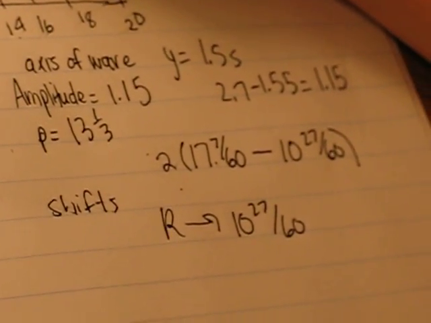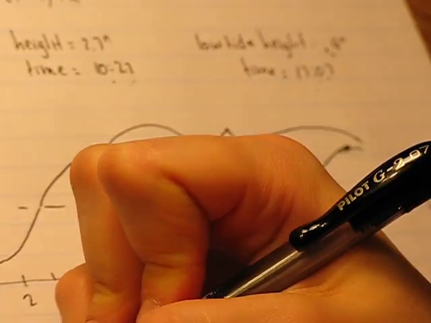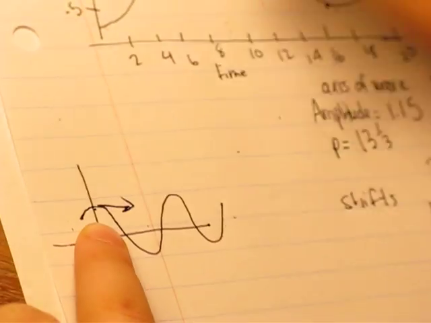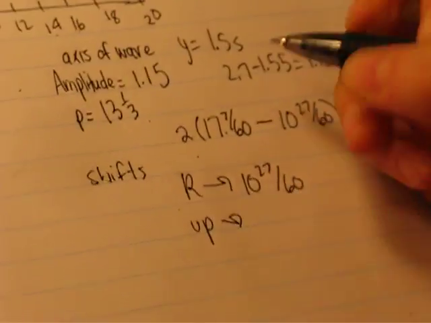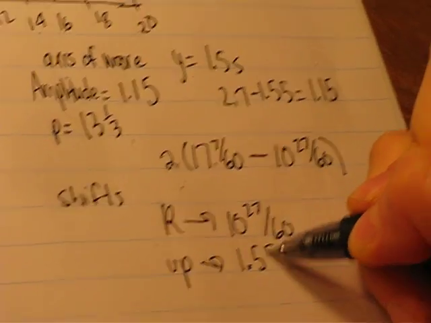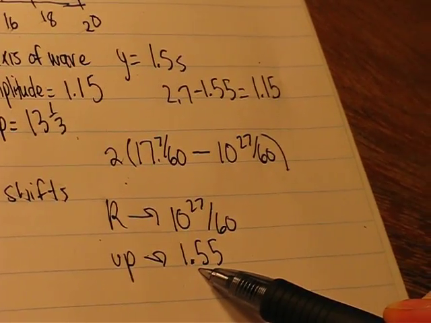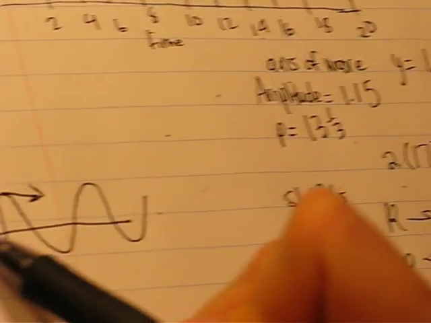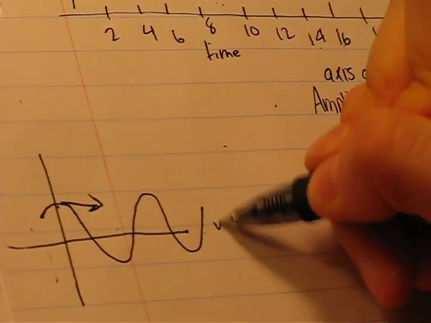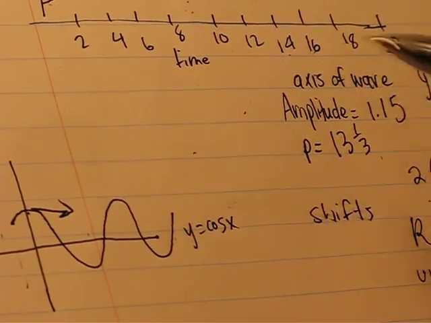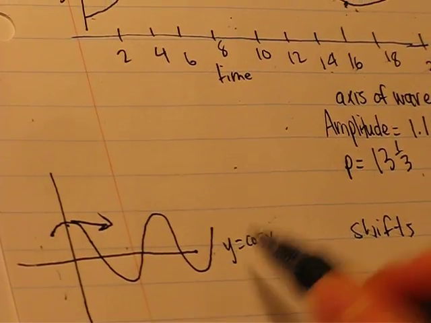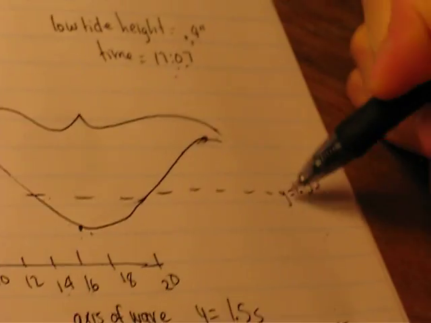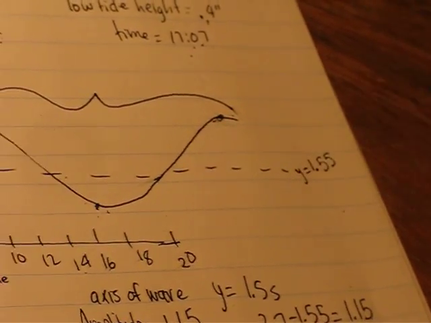This is our highest point at 10 and 27/60, and originally it was at 1, so it needs to shift that way. We also need to shift it up 1.55. We know that it's at 1.55 because for the parent graph, the graph of y equals cosine of x, the axis of wave is at y equals 0, but for our current graph, it's at y equals 1.55.